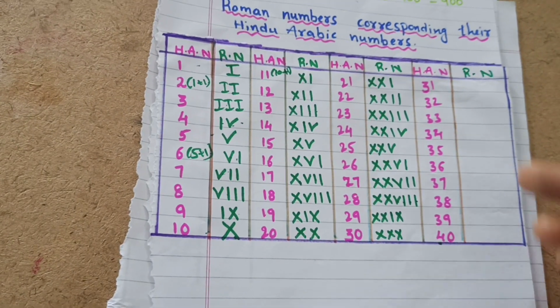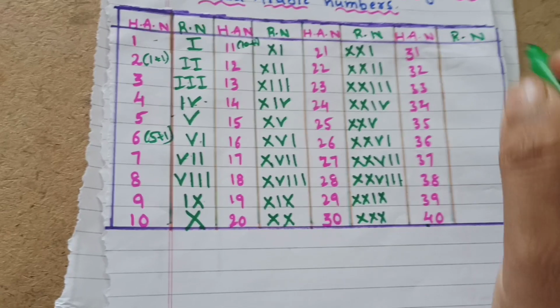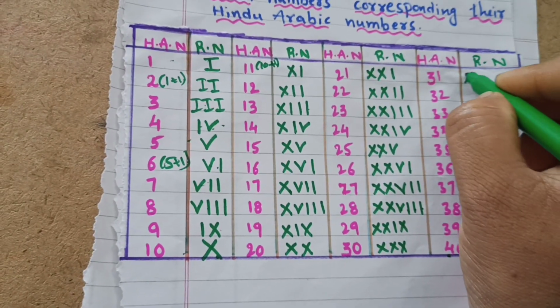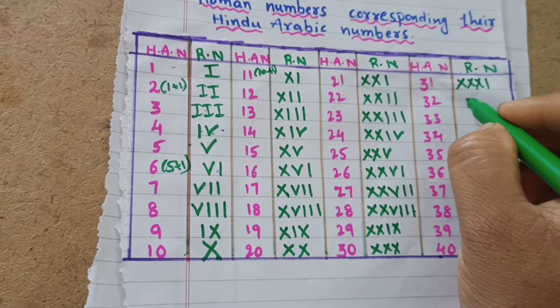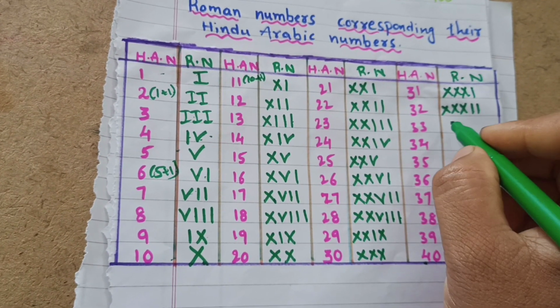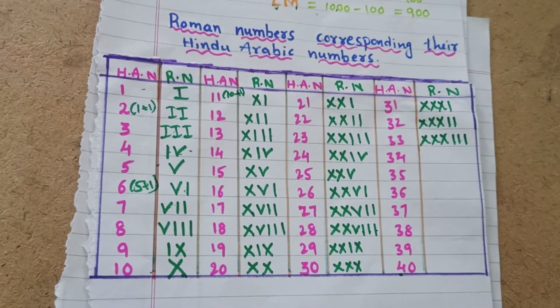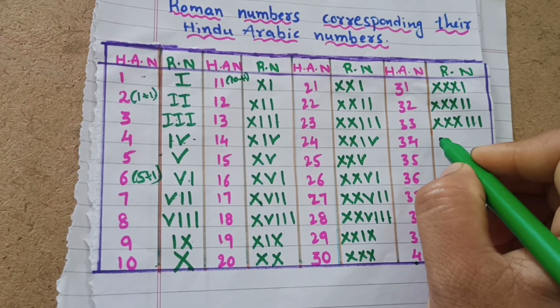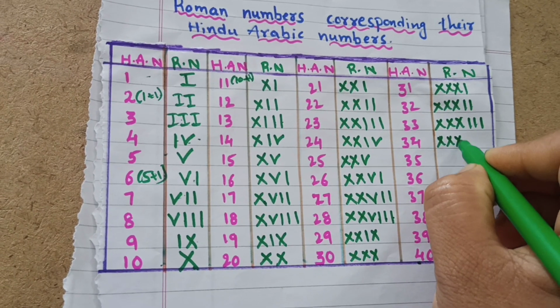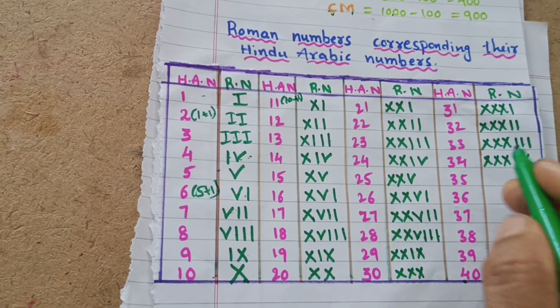We know 30, and 1 to 9 numbers also. We can write 31 to 39. 31, 3 times X, I. 32, 3 times X means 30, 2 times I, 32. 3 times X, 3 times I, it is 33. 34, 3 times X, IV. Here see IV, 4. 34.